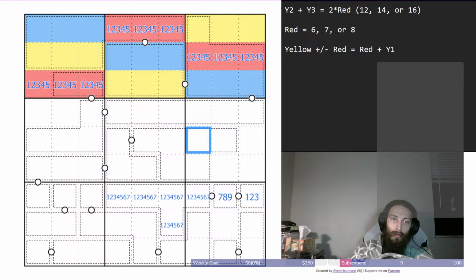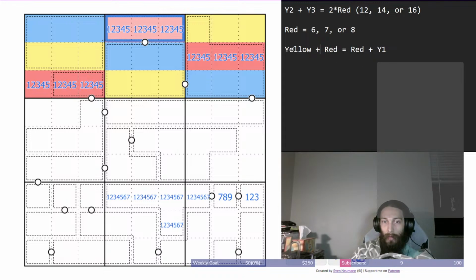Because we know that these have to be the same, these two groups, because this is the overlap. And so the difference between these two is red. And now, this side is plus or minus red. But if it was plus red, then that would mean that yellow is equal to y1, the first digit in yellow, which is clearly false. So it has to be yellow minus red.